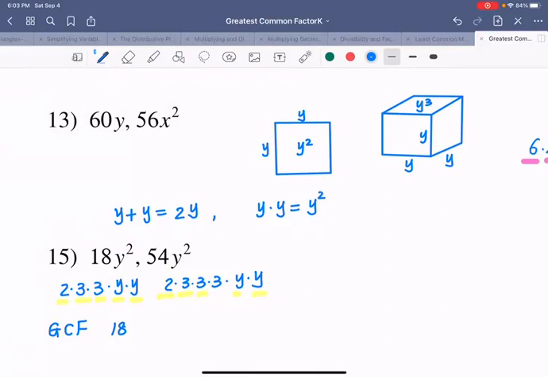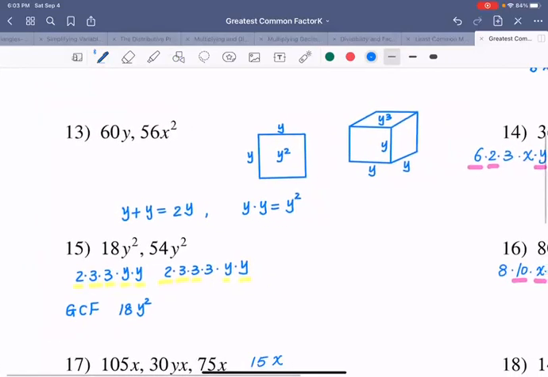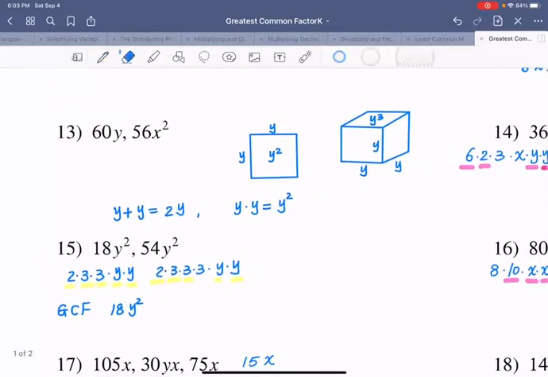That's called y squared, and that's called y cubed. So we got 18 y squared. That's it. Does this make sense to you now?